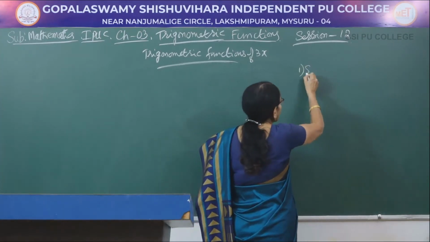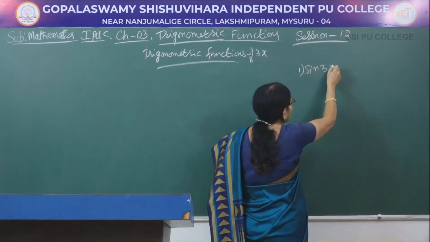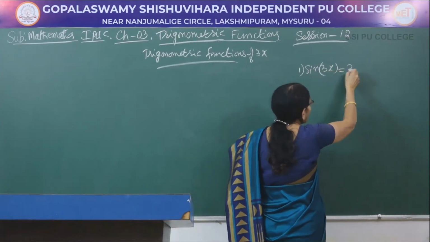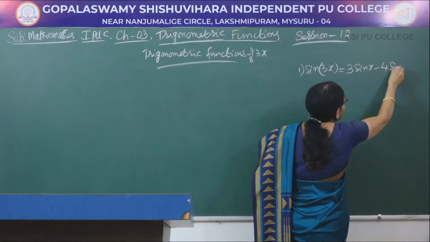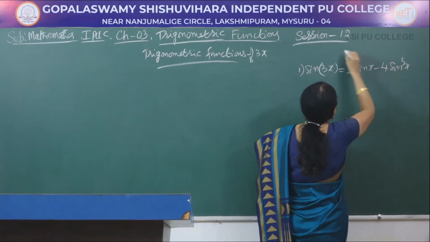First one is sin of 3x. First I write the formula, so we have to prove this one: 3 sin x minus 4 sin cube x.